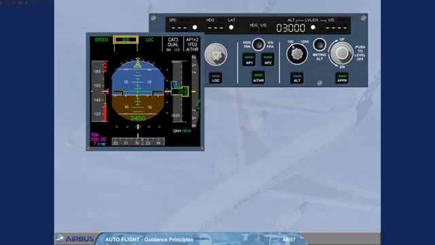As a general rule, GS star and GS will engage only if LOC star or LOC is engaged. Note, GS star and GS may engage before LOC star for certain aircraft, if required by the airline.